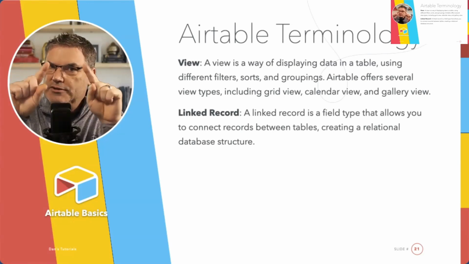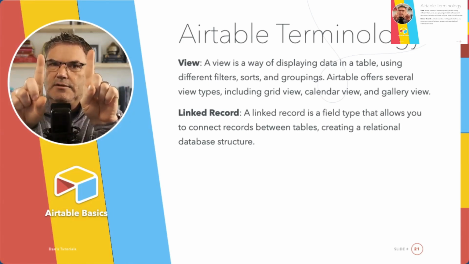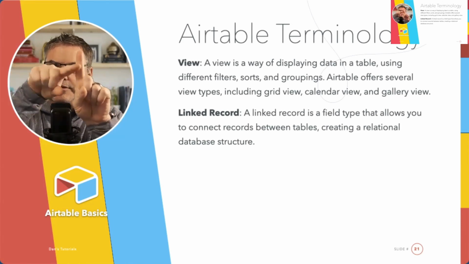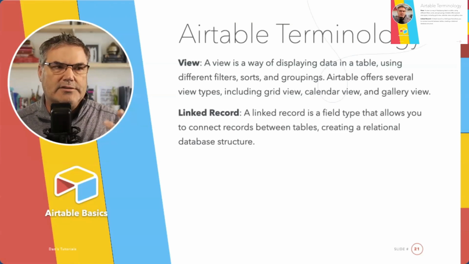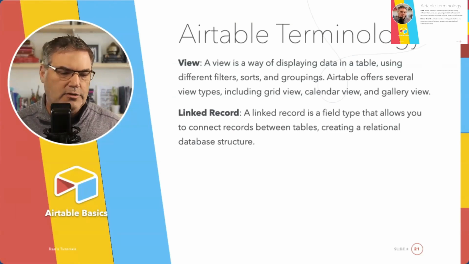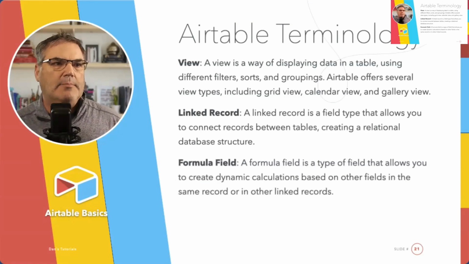So you'd have 2 different tables, contacts and gifts, but this one contact could get 3 different gifts, so you're building a relationship there. Airtable can easily do that. And like I said, I'm not going to get into it, but you can build many-to-many relationships, one-to-many relationships, and so on. It's capable of doing it.